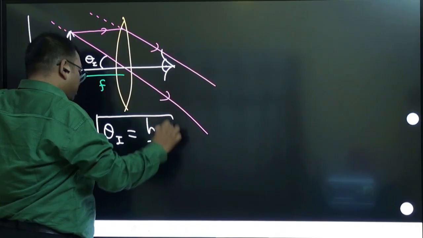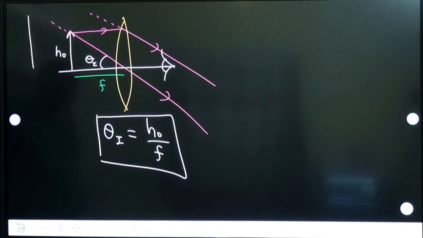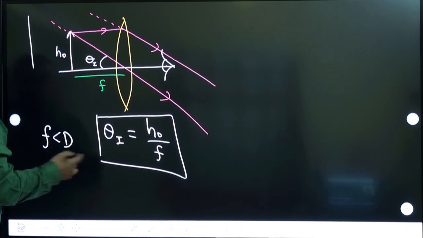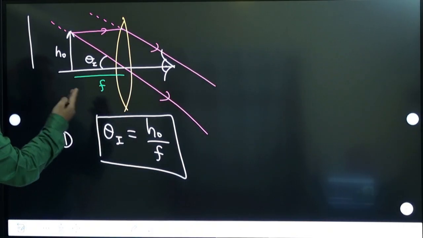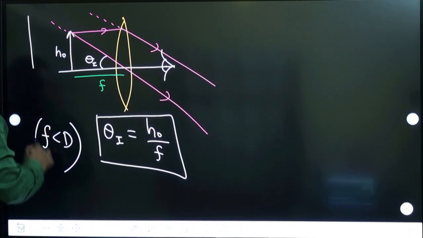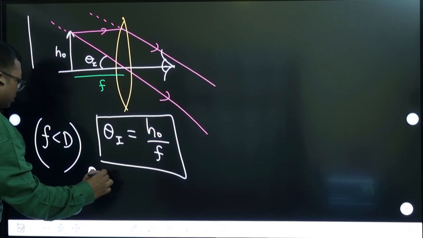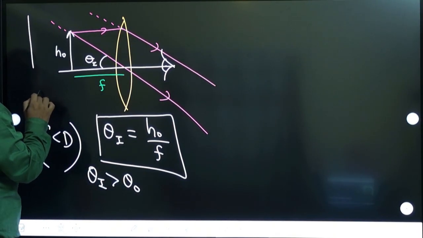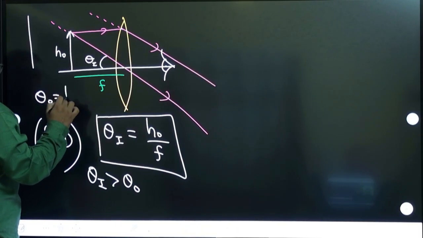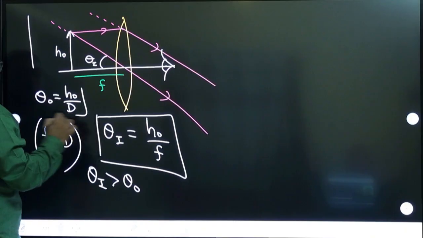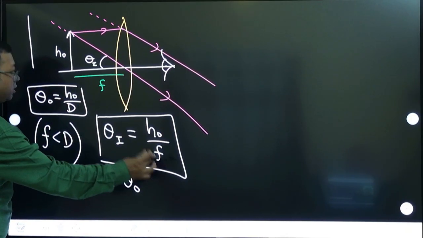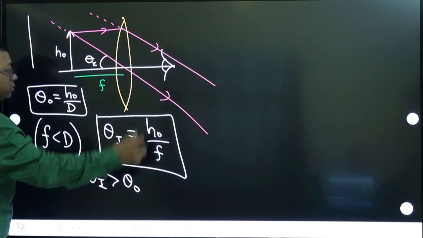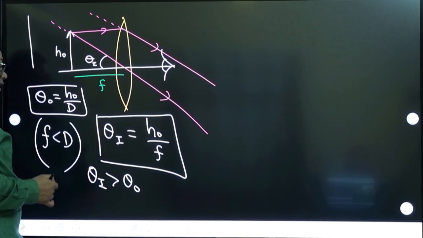Note here that if this f is smaller than d, and we can choose a lens with focal length smaller than d, then theta I is going to be larger than theta naught. Theta naught was h naught by d, correct? So if we choose a lens with focal length smaller than d, this ratio will increase, so theta I will increase.